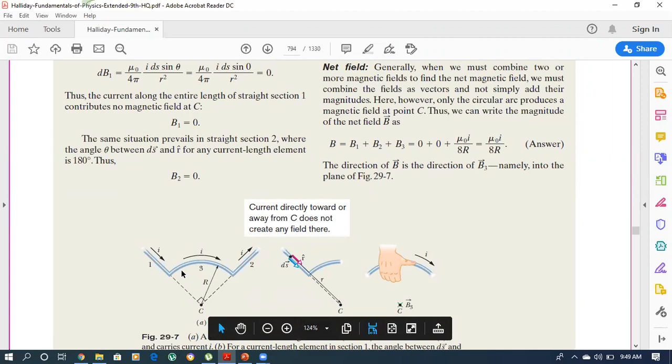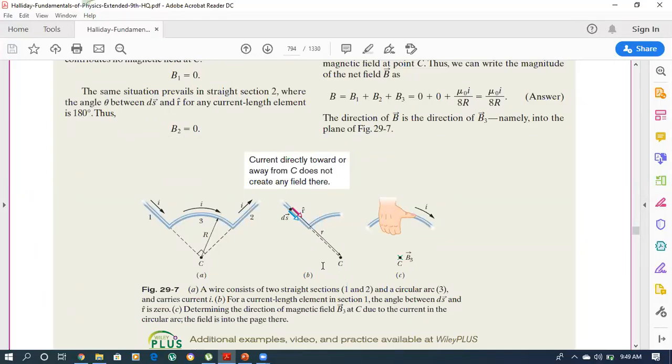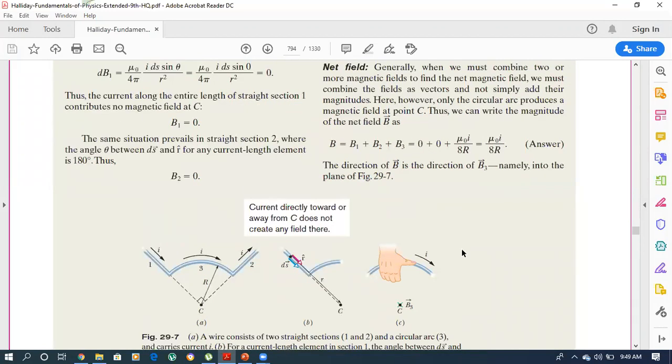According to the right hand rule, it is clear the direction of the current is opposite. In segment 1, it is towards point C, and in segment 2, it is away from point C. And according to this figure, what will be the magnetic field?